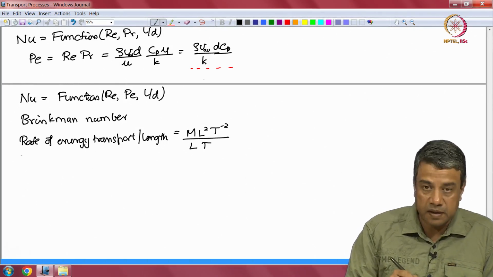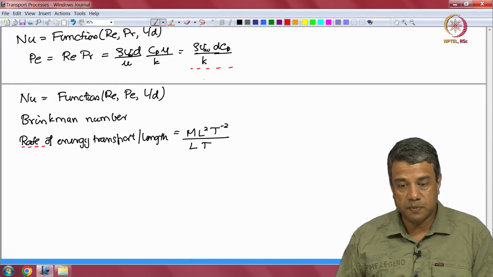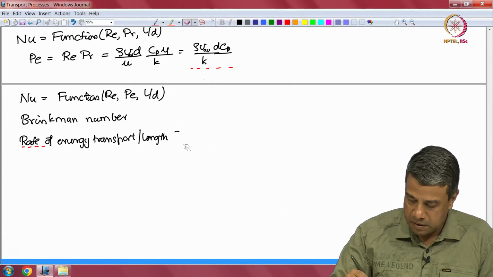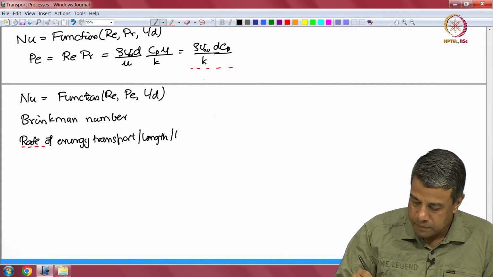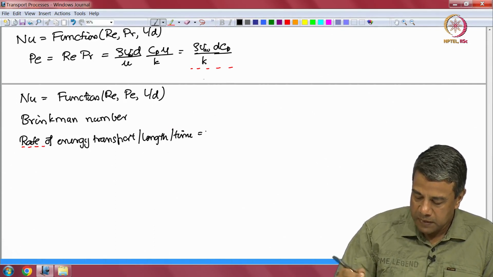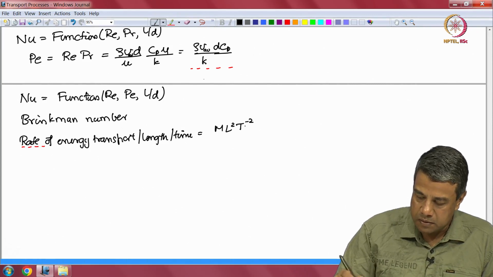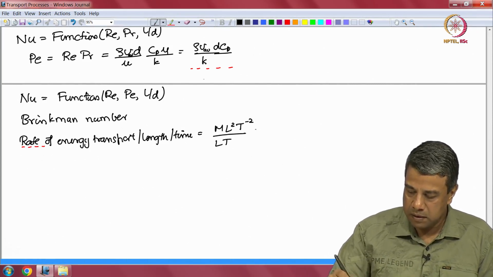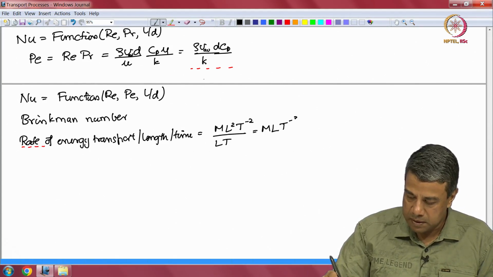So, this is a rate of energy transport. Rate of energy transport is an energy transport per unit length per unit time. Let me just make that clear. It is equal to m L square t power minus 2 by L t, which is equal to m L t power minus 3.